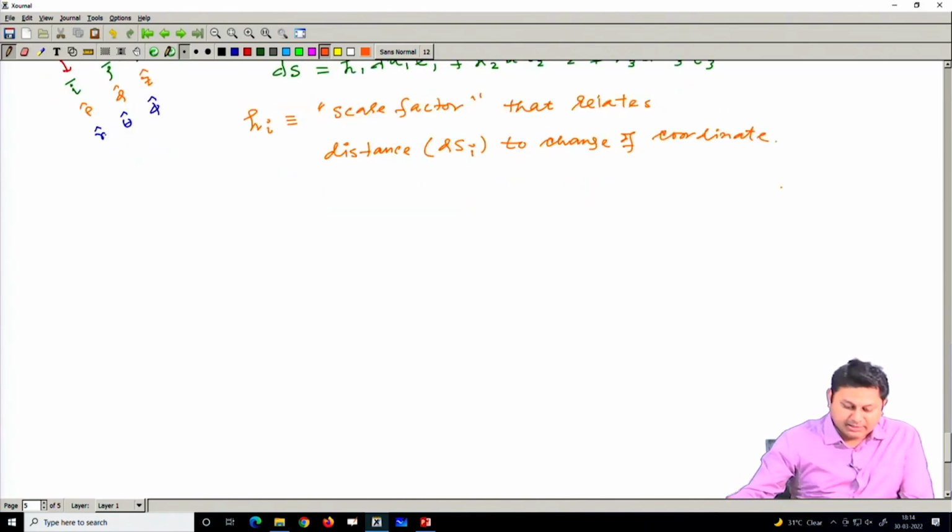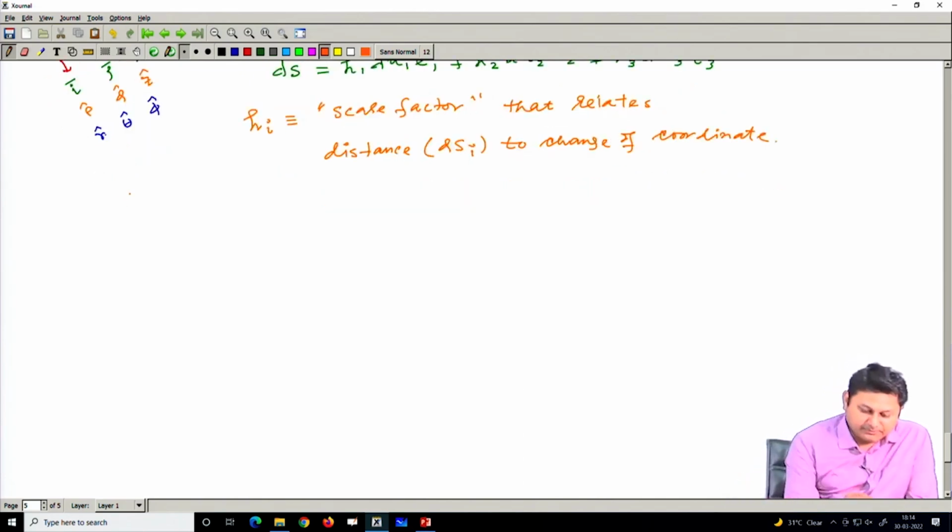You may remember that for the Cartesian coordinate system, with x, y and z, the distance ds is the vector we use.